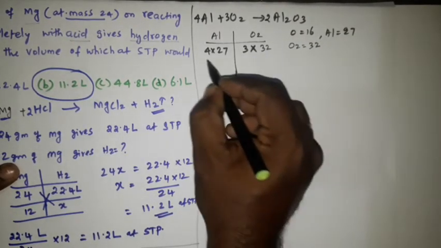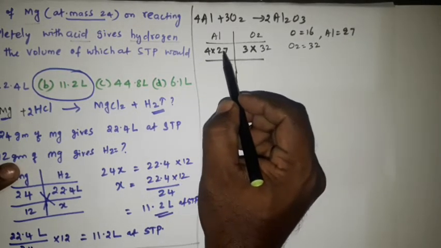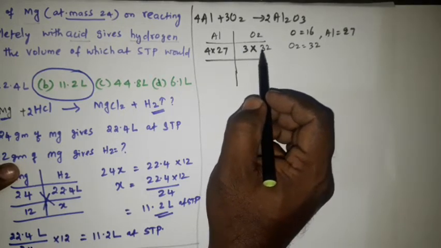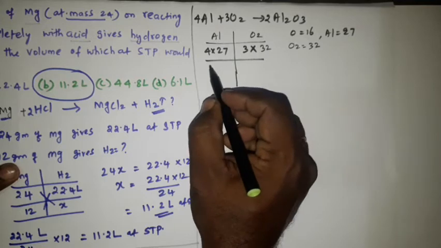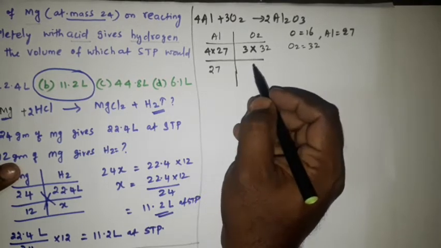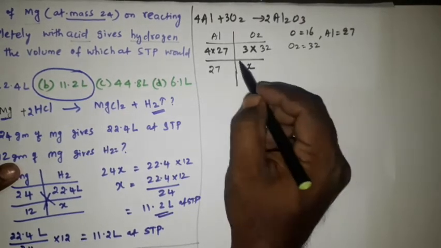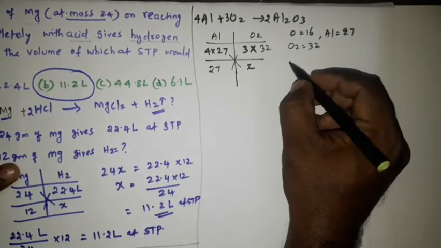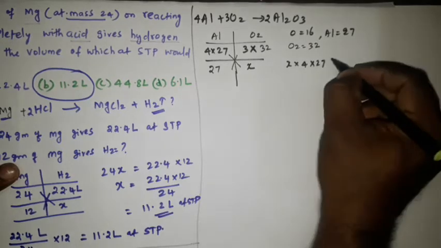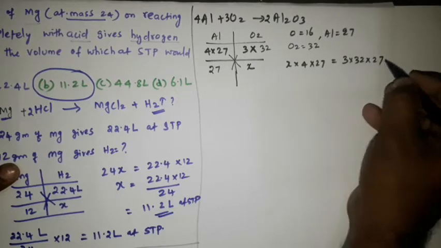Now the question is, 4 times of this 27 requires 3 times of this 32. So according to the question, 27 gram of aluminum will require how much oxygen? So you are going to calculate the requirement of oxygen. Make cross multiplication. So x into 4 into 27 equals 3 into 32 into 27.